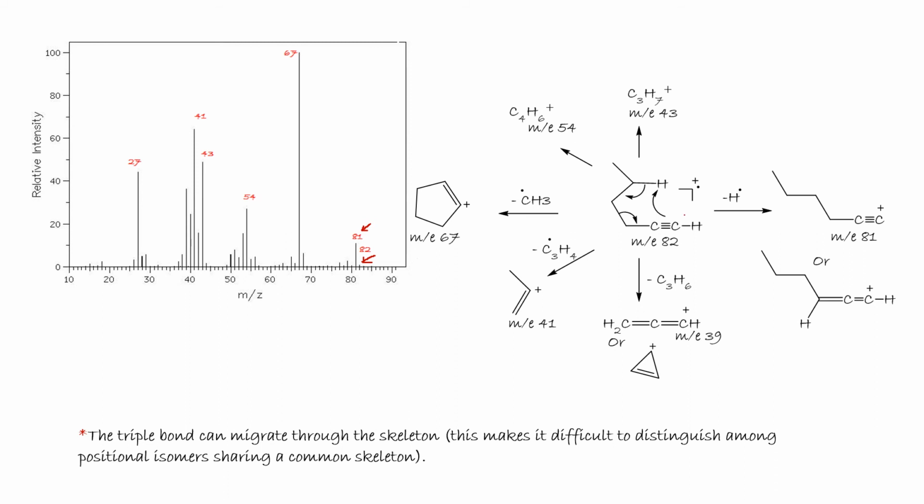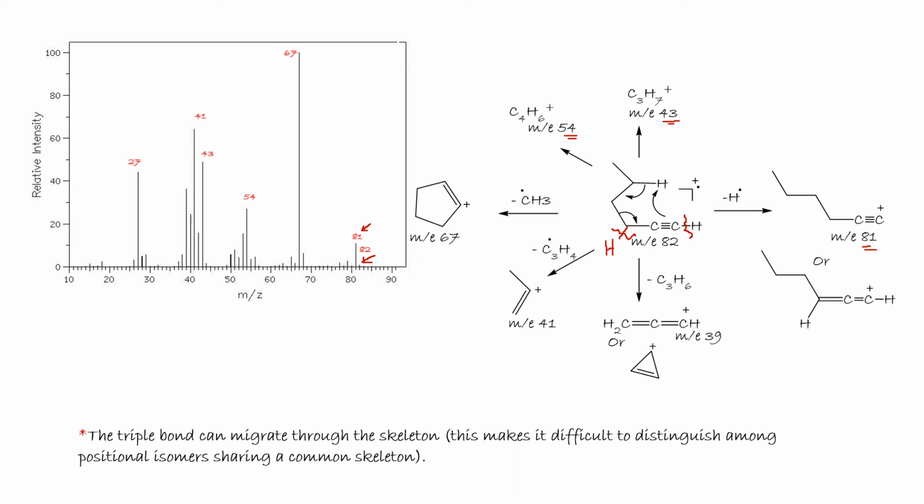Either we lose this H or one of these hydrogens to form 81. We can get McLafferty rearrangement to give a C4H6 peak at 54. We can also get a peak at 43, C3H7.